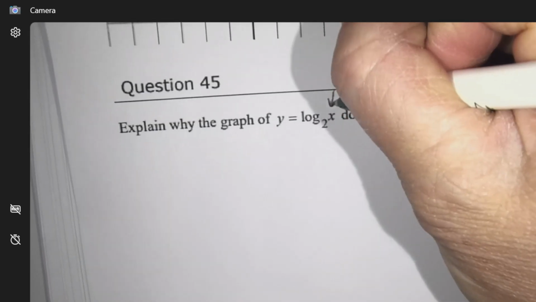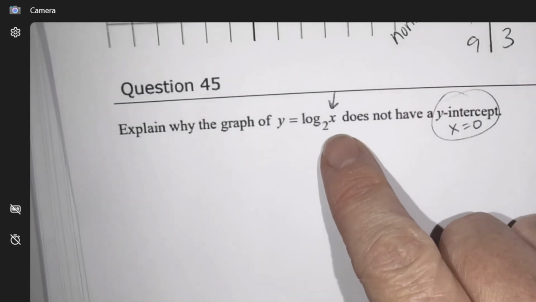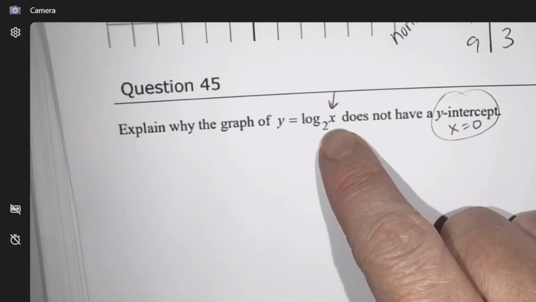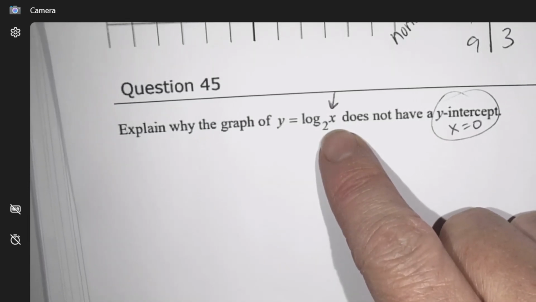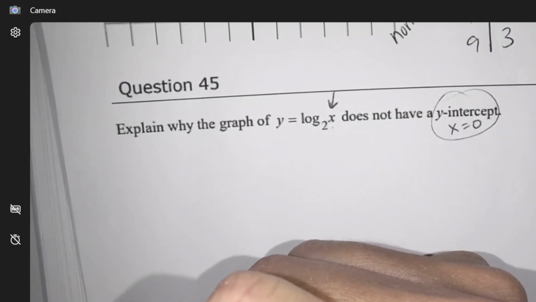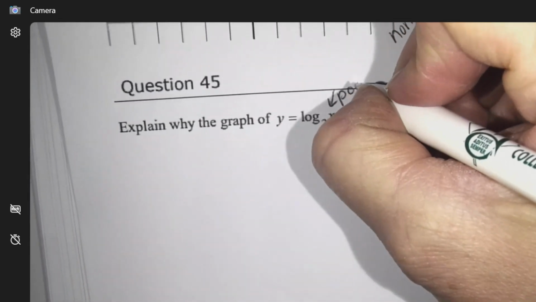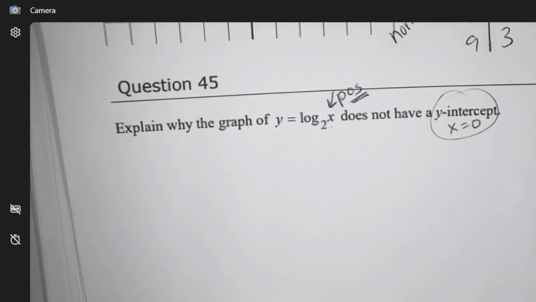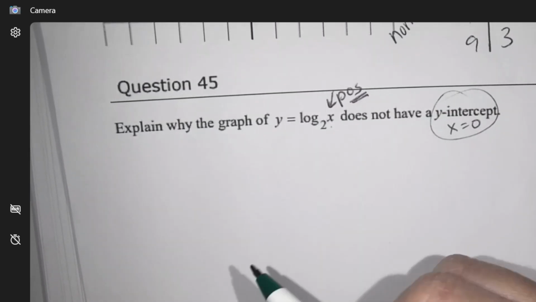So if x was 0 on a log result, what do we always know about log results? They have to be positive. So if x was 0, would that work? No. Okay, so explain on your exam.